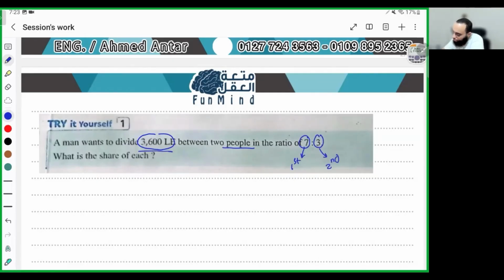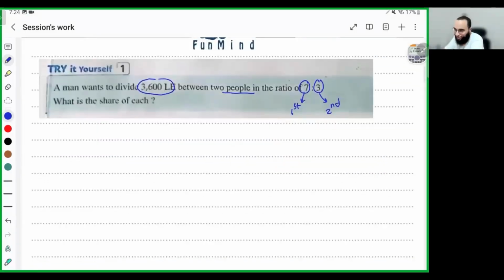So this amount of money, which is 3,600, is related to the first, the second, or both together? Both together. Excellent. So what can I do right now to get the share of each one?